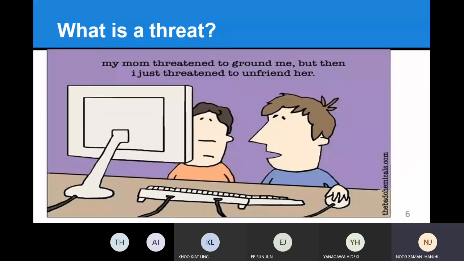There are two friends talking to each other. One of them says, oh, my mom threatened to ground me. But then I just threatened to unfriend her. So from this, you can understand what a threat is.